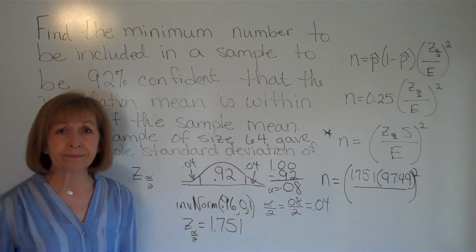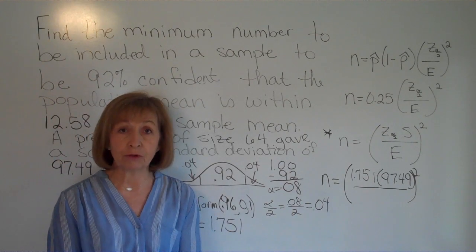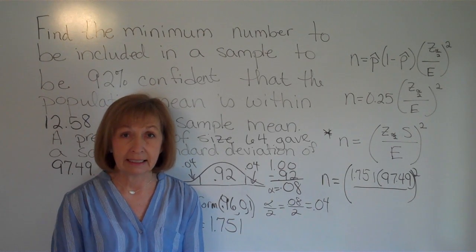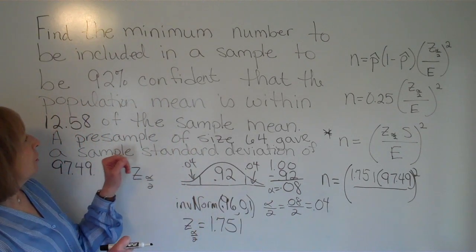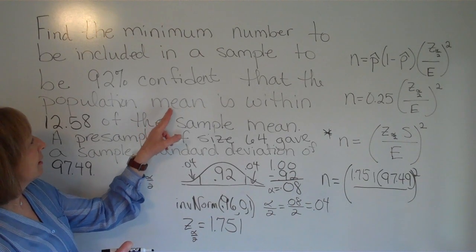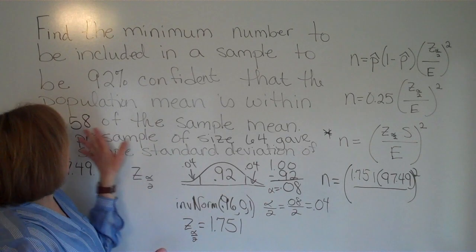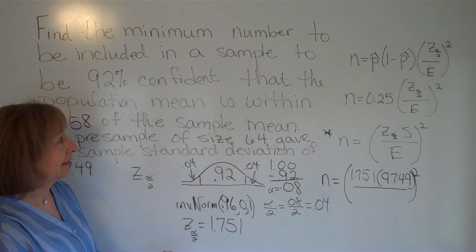Now over E. E is that margin of error that they had predetermined and said that's as far as they want to be away from the population mean, so that our sample mean is within that. So when we look at the information that's in here, we see it says within 12.58 of the sample mean.